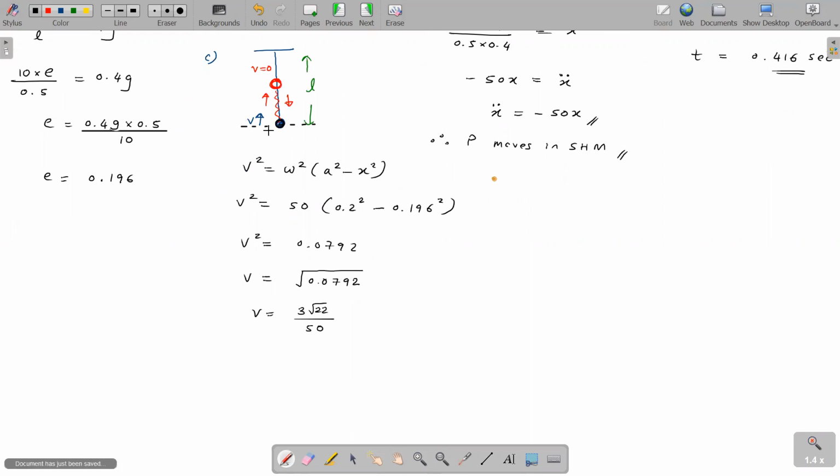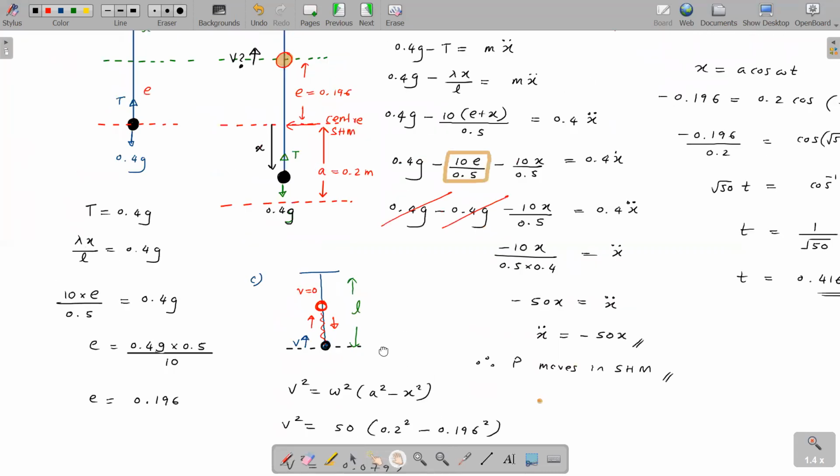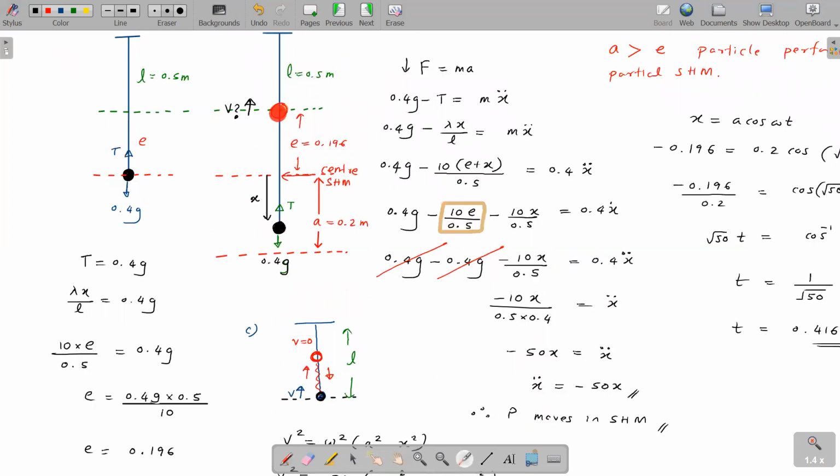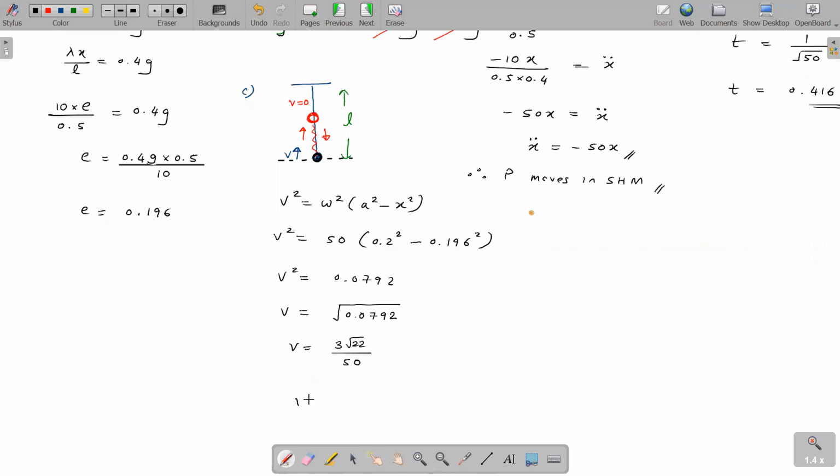So I have the speed with which the particle reaches the natural length. That speed becomes the initial velocity when the particle moves freely under gravity. Are you with me? This speed that you obtain here becomes the initial speed when the particle moves freely under gravity. When the string is completely slack, this V that you found becomes the initial speed. So all you got to do now is apply V equal U plus at.